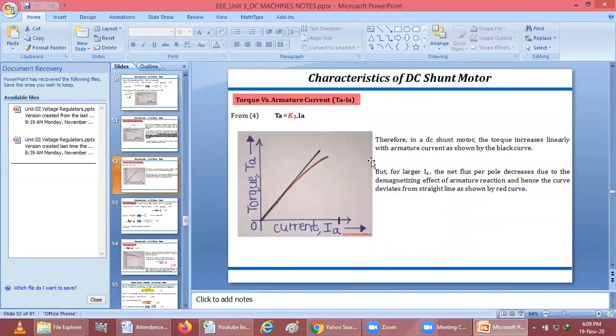If you see the graph of torque versus armature current, it will be linearly proportional. But practically it deviates somewhat, because at larger armature current the net flux decreases due to the demagnetizing effect of the armature.